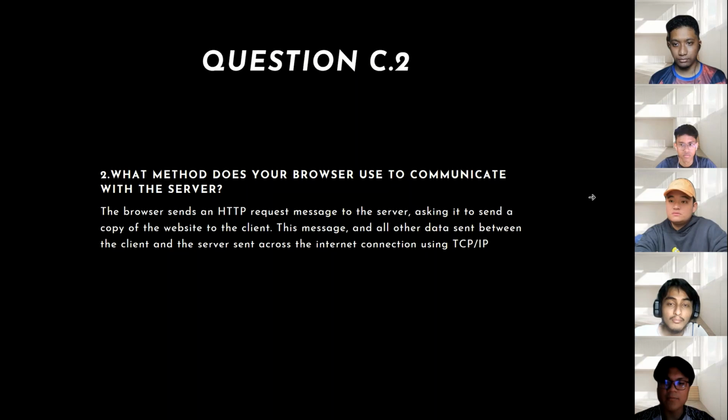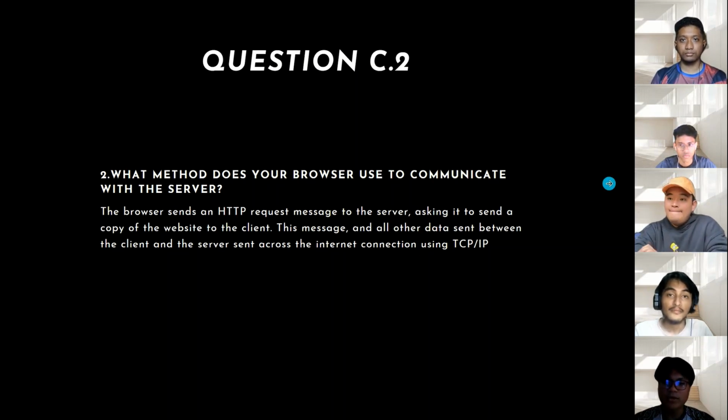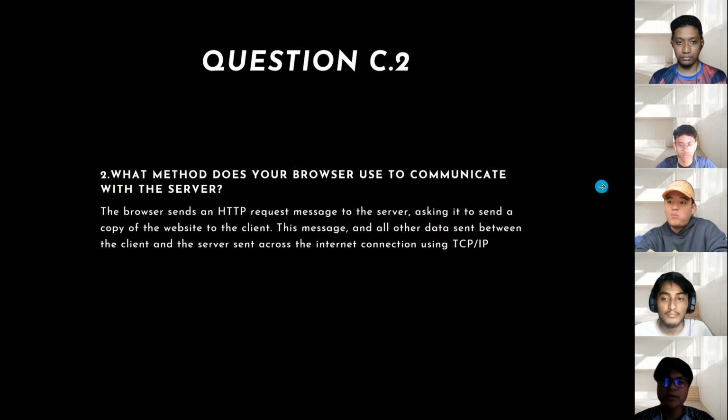And the Internet Protocol, IP, is responsible for routing the individual packets from the source to the destination over the internet. Together, TCP and IP provide a reliable and efficient method for transmitting data between computers. Okay, we move to the next presenter.